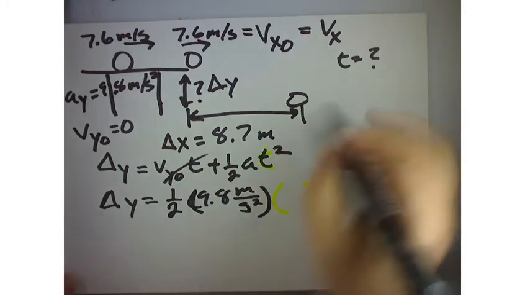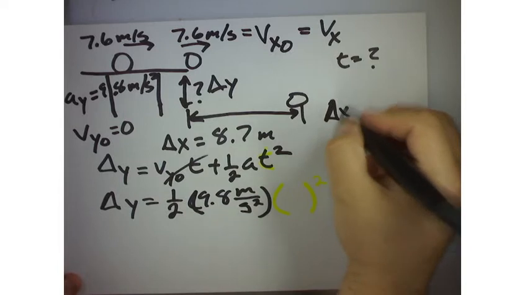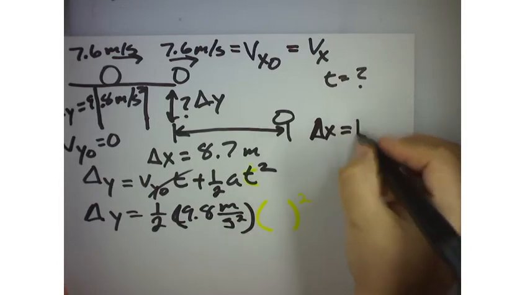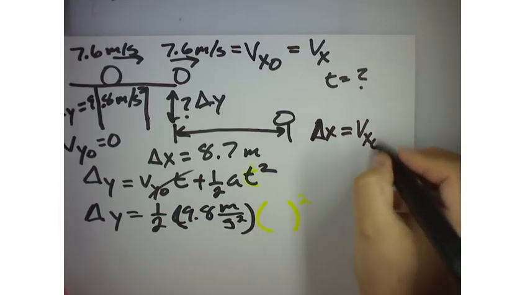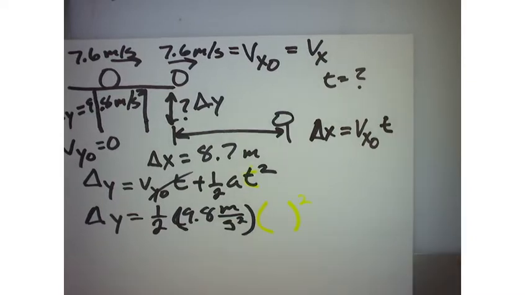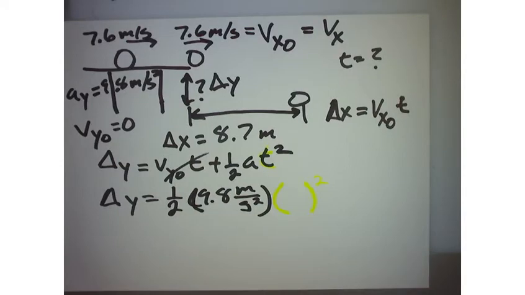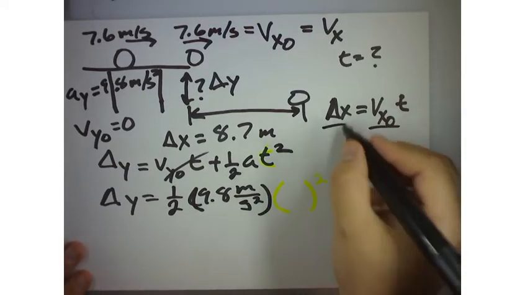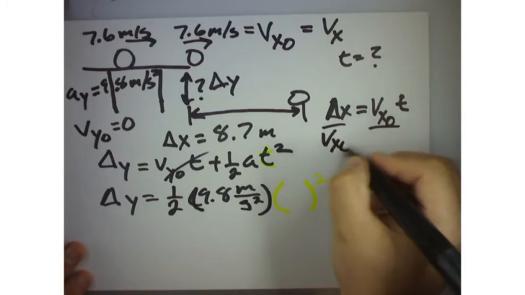displacement. So what you're saying is that the displacement in the x direction is equal to the velocity times time. But we don't know the time. Is that helpful or no? Yeah, how? Because if you tried to make it equal to time, you would divide the delta x by the velocity. Okay, so she said, yeah, let's do this.